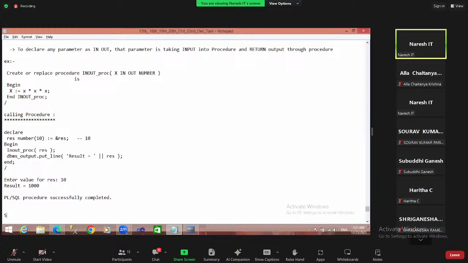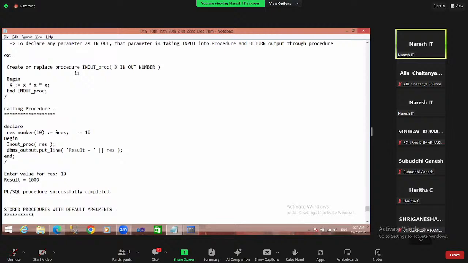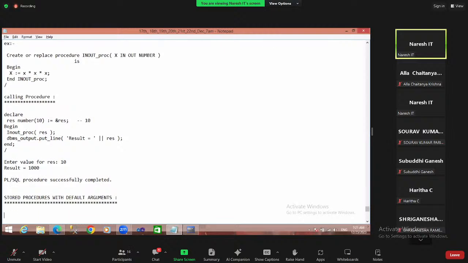Now, stored procedures with default arguments.